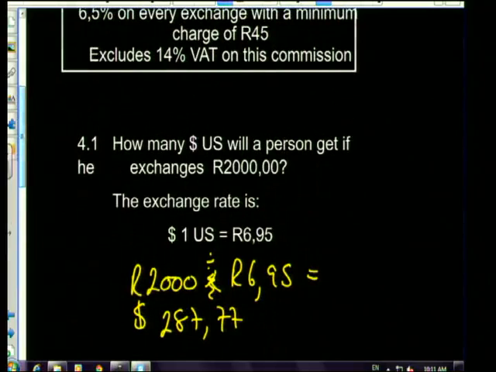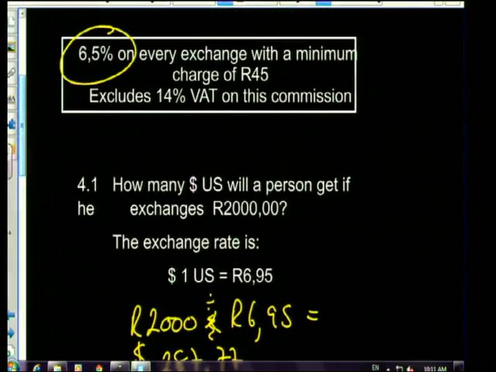Now the next question is, what is our exchange rate going to be? How much are they going to charge me for this 2,000 Rand? I'm charged a 6.5% exchange rate.